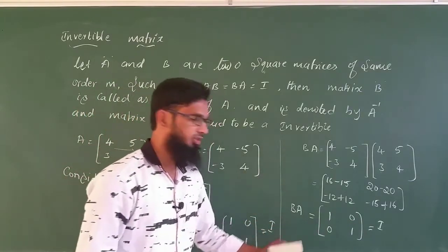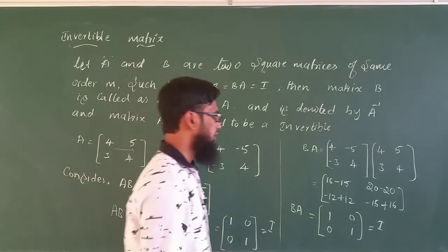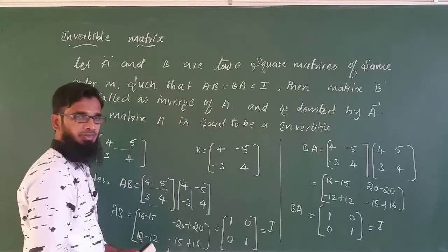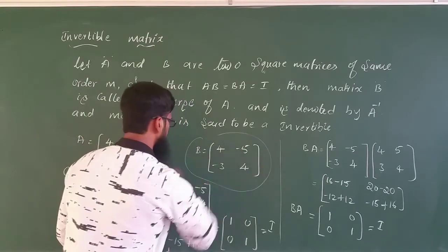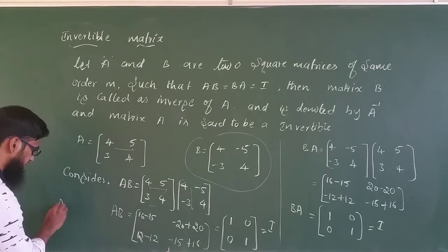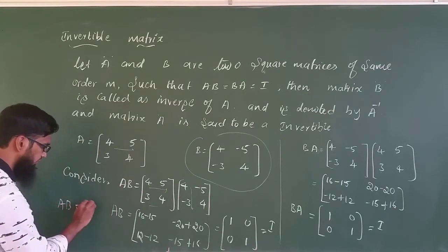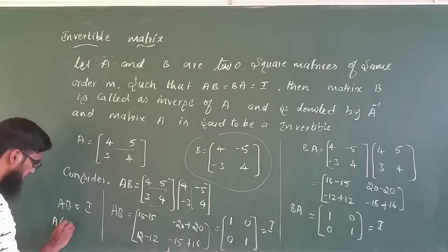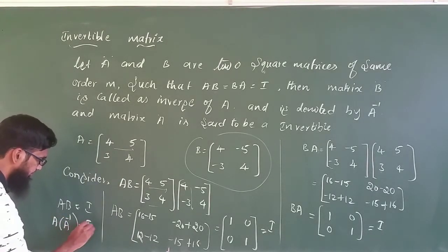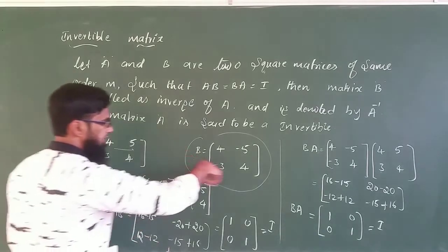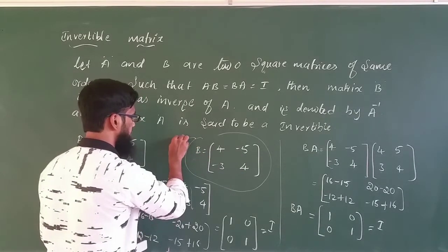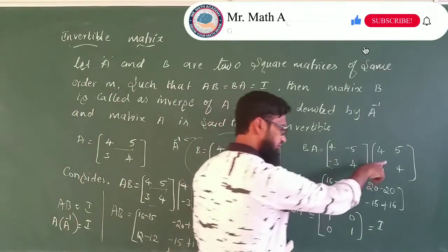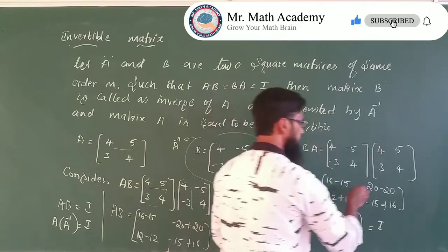So if we are getting such matrices, we can take this matrix B as the inverse of A. If AB is equal to I, what we have proved here is that this matrix B I can take as the inverse of A. Similarly, this matrix A is the inverse of B.